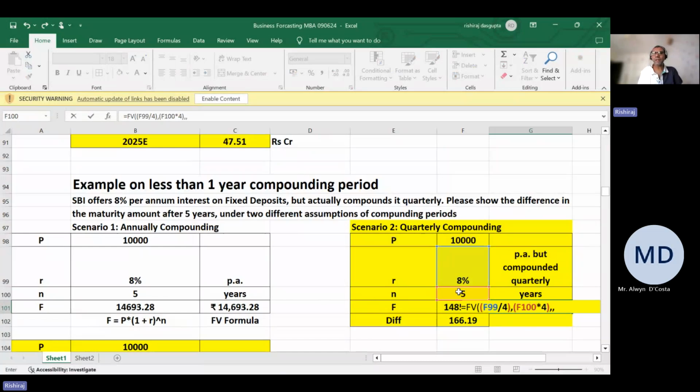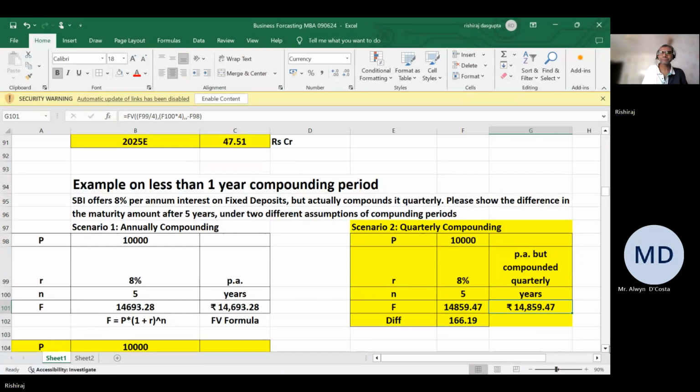Payment is ignored, comma, comma. Present value I'll put an artificial minus sign to indicate it is an investment from my pocket of 10,000, and then we close the bracket. We get the same answer, 14,859.47, which we have already got using the mathematical formula. So this is a comparison between annual compounding and quarterly compounding, the less than 1 year compounding formula.